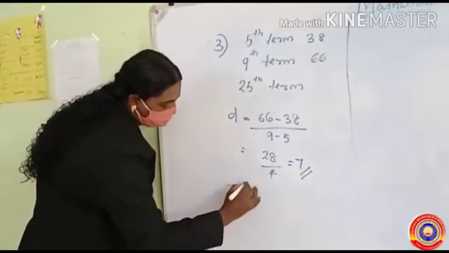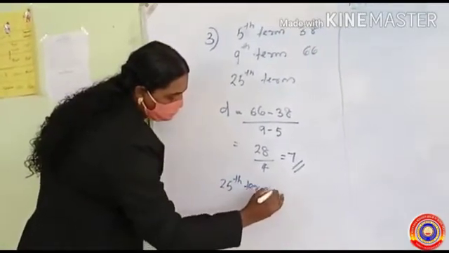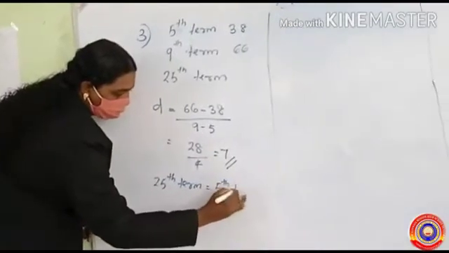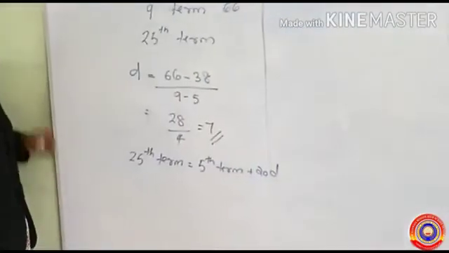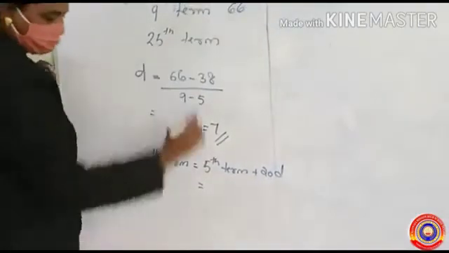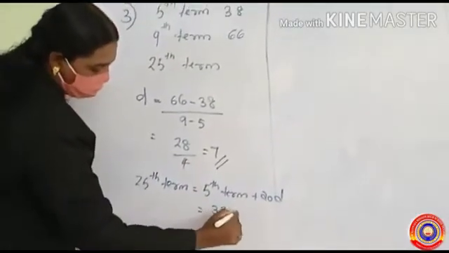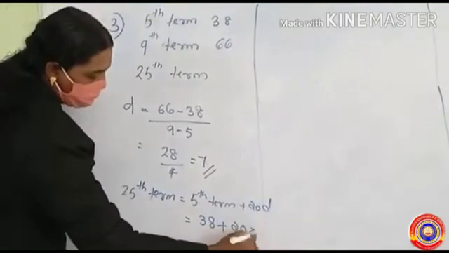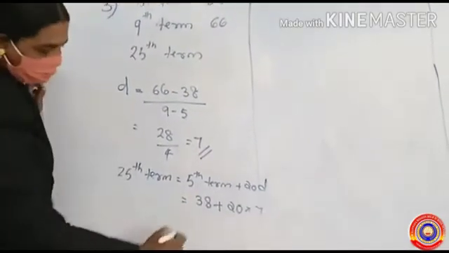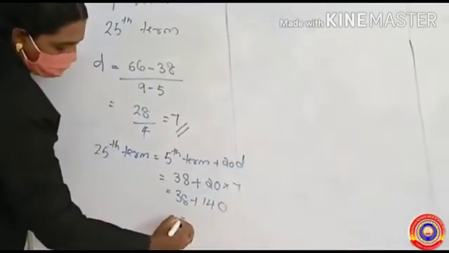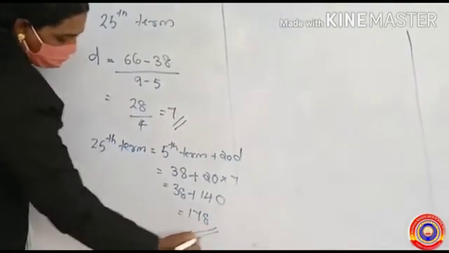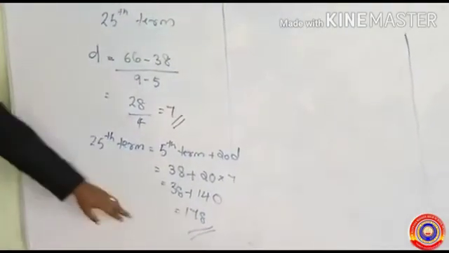We must add the common difference 20 times. 25th term is equal to fifth term plus 20D. When fifth term is given as 38 plus 20 into 7. It is equal to 38 plus 140, and it is equal to 178.